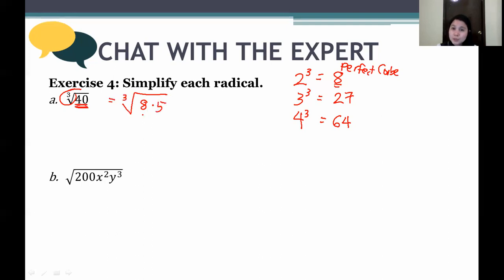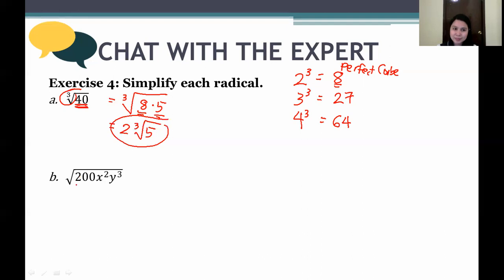Now, what's the cube root of 8? The cube root of 8 is 2. So we place 2 outside. What's the cube root of 5? 5 has no cube root. So we just let it stay inside. So the answer will be 2 cube root of 5.